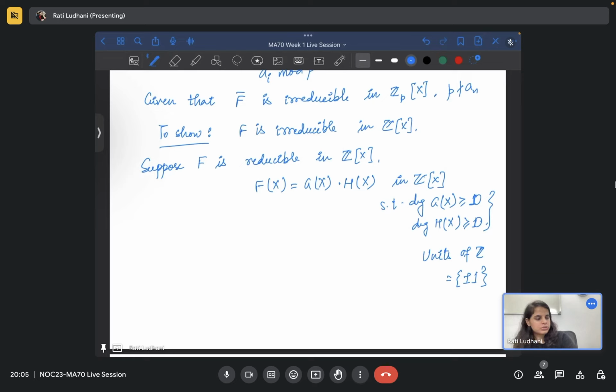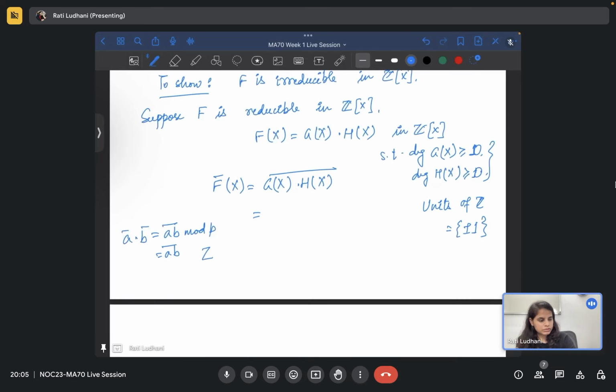So f(x) is equal to g(x) into h(x). Now you just do mod p. What will you get? So g(x) into h(x). Now one property, you know, in any ring, the reduction of a·b is equal to a bar times b bar. If you can see this in Z, you can actually prove that this is true in Z[x] also.